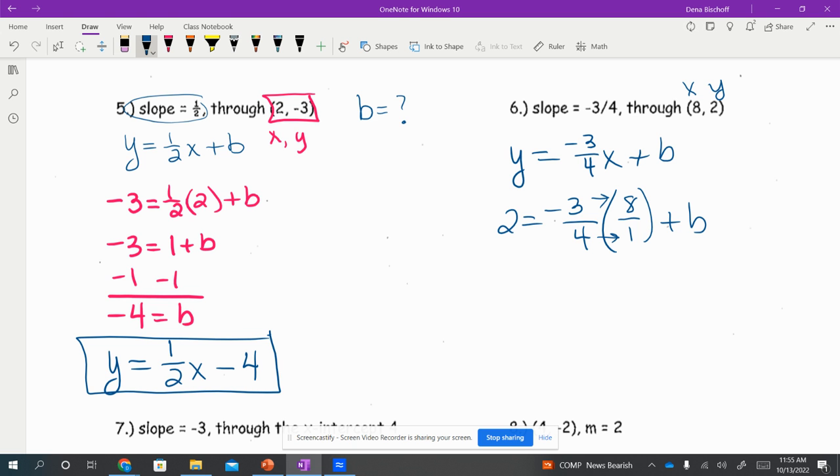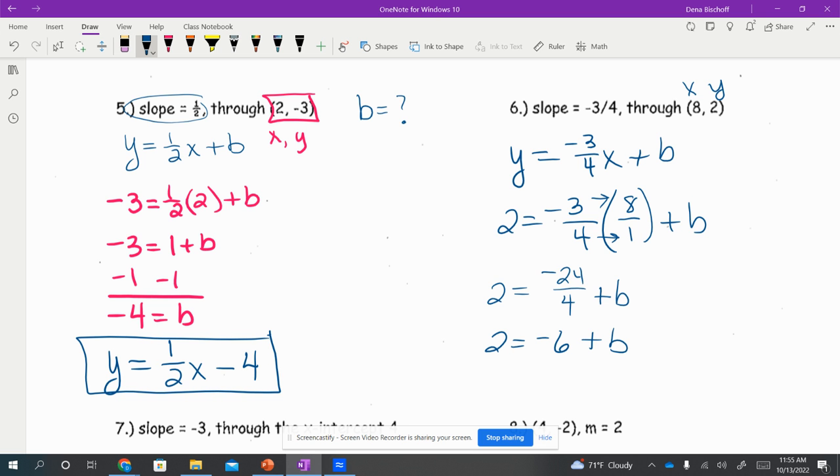I wrote it as 8/1, so you can see it's a fraction. If you multiply those straight across, what is -3 times 8? Okay, and 4 times 1? 4 times 1 is 4. Plus b. So what's -24 divided by 4? Yes, you're right. It is -6.